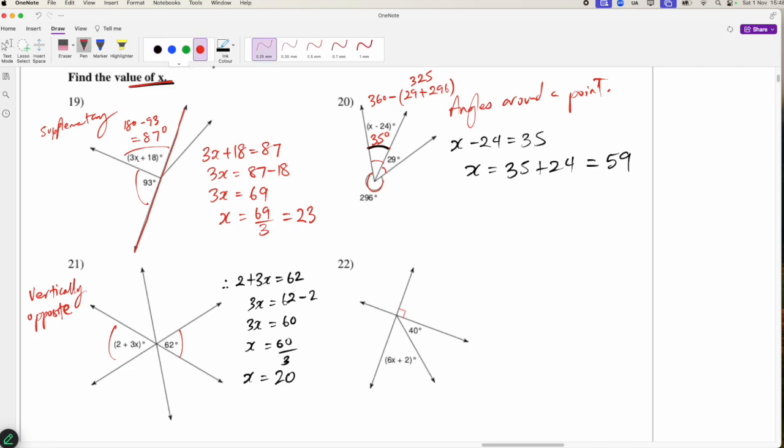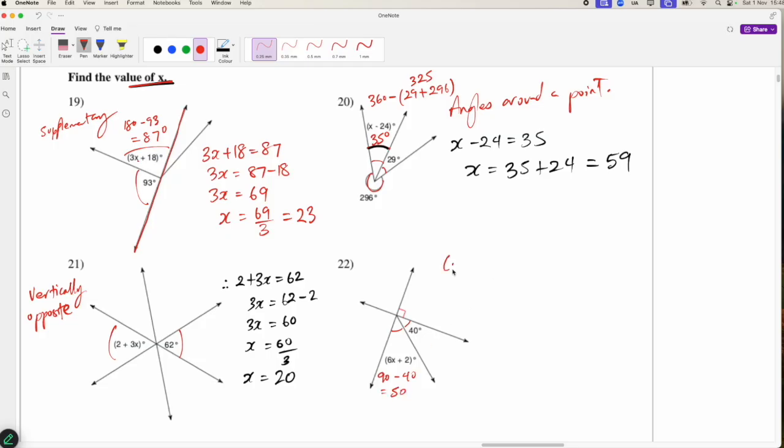And of course, we could see here that this is 90, and this is a straight line. We know that this has to be 90, right? So those two angles that we have here, this plus this will give us 90. So this here will be 90 minus 40, which is 50.